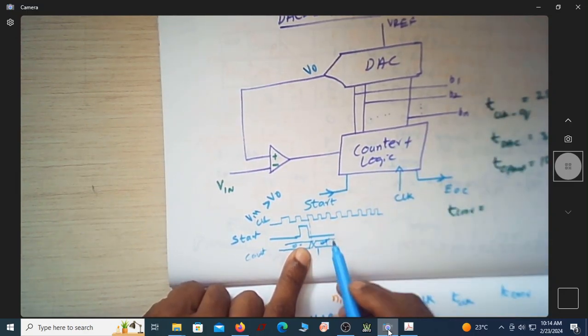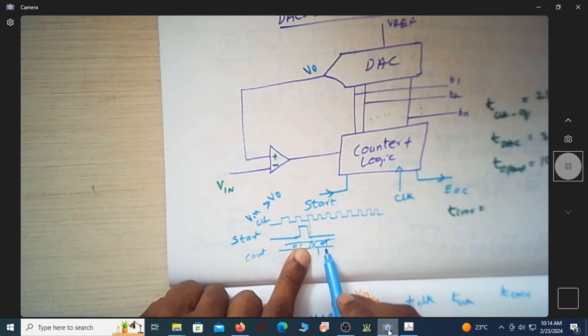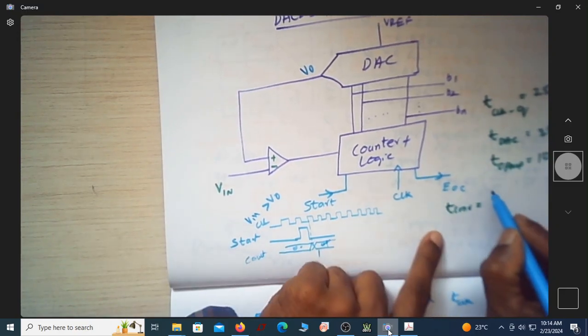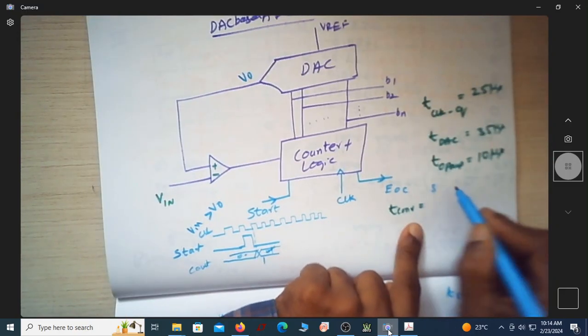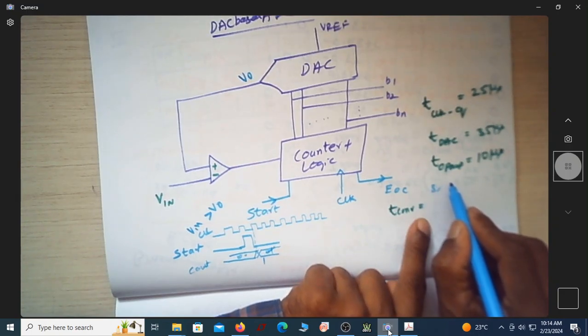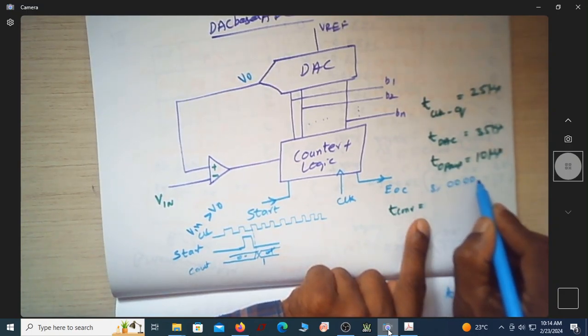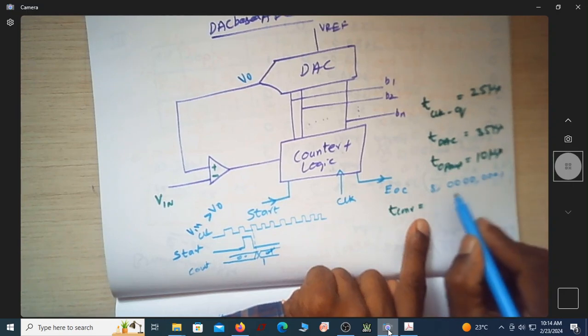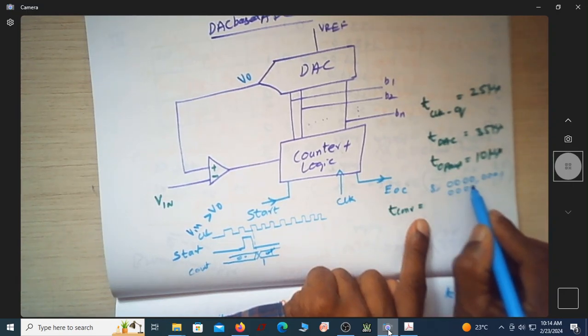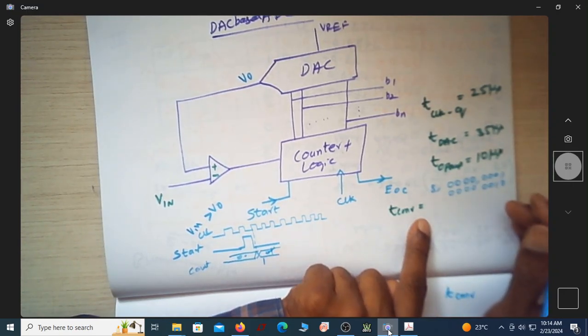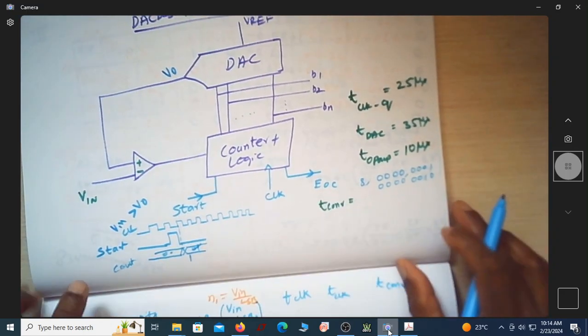Depending on the number of bits, if it is an 8-bit counter, after the first clock it will be 0000 0001. After the second clock, it will be 0000 0010. So this is how it keeps on incrementing.